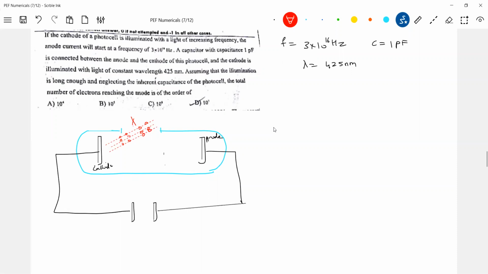Means when the photoelectrons will come and strike at 3 into 10 to the power of 16 hertz.